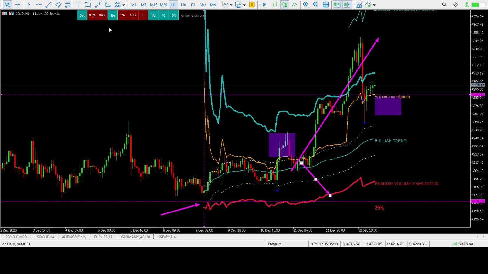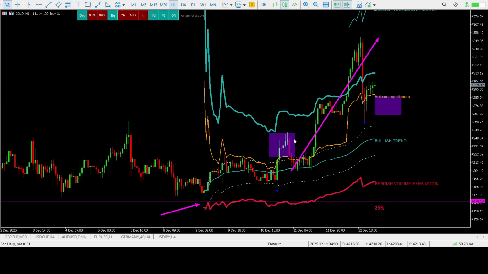here. And after that, because we got a break over the equilibrium here, most probably the market will proceed further to the bullish exhaustion line.